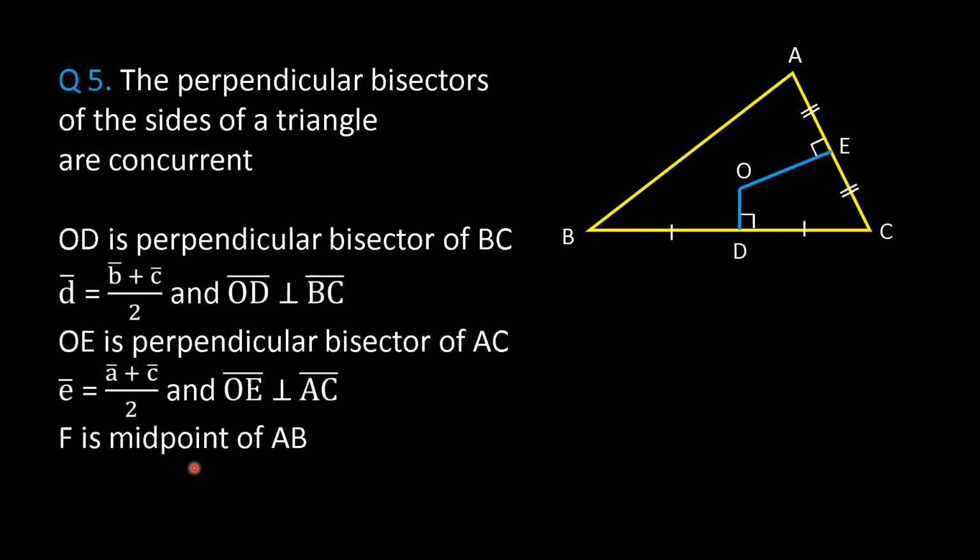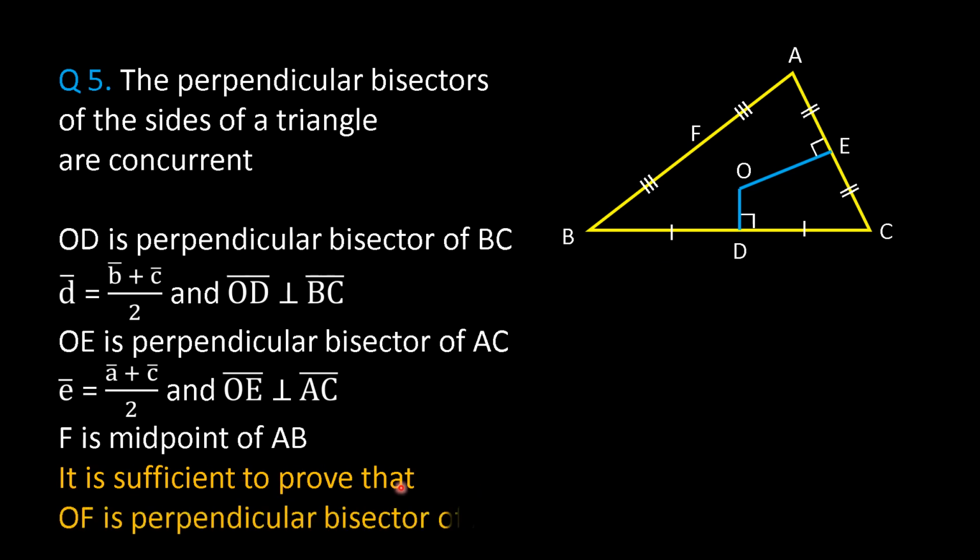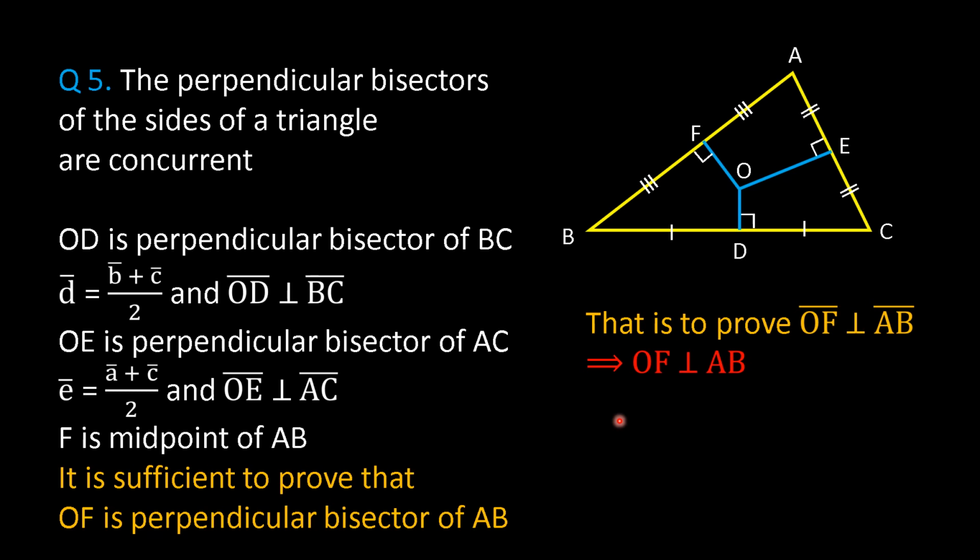F is the midpoint of AB. Therefore, it is sufficient to prove that OF is perpendicular bisector of AB. That is to prove OF bar perpendicular AB bar, which will finally prove OF is perpendicular AB.